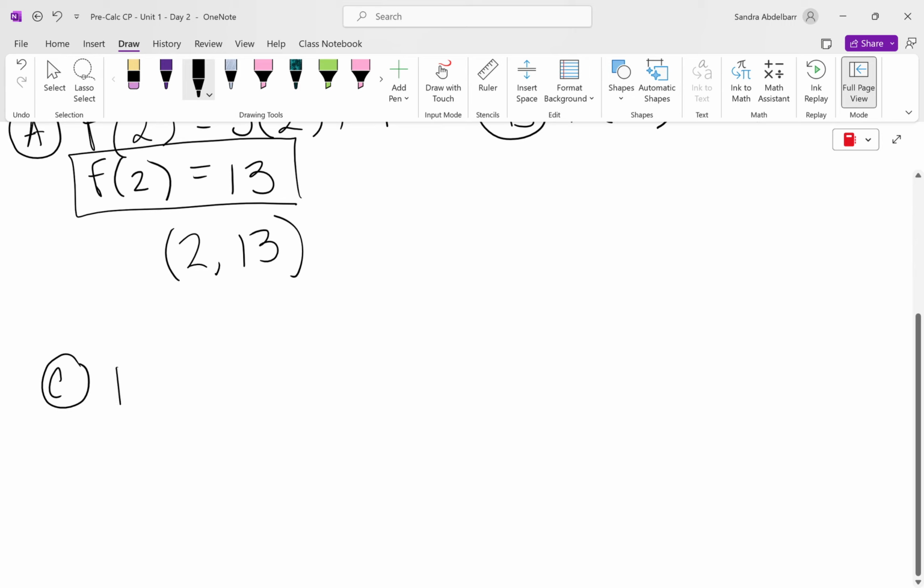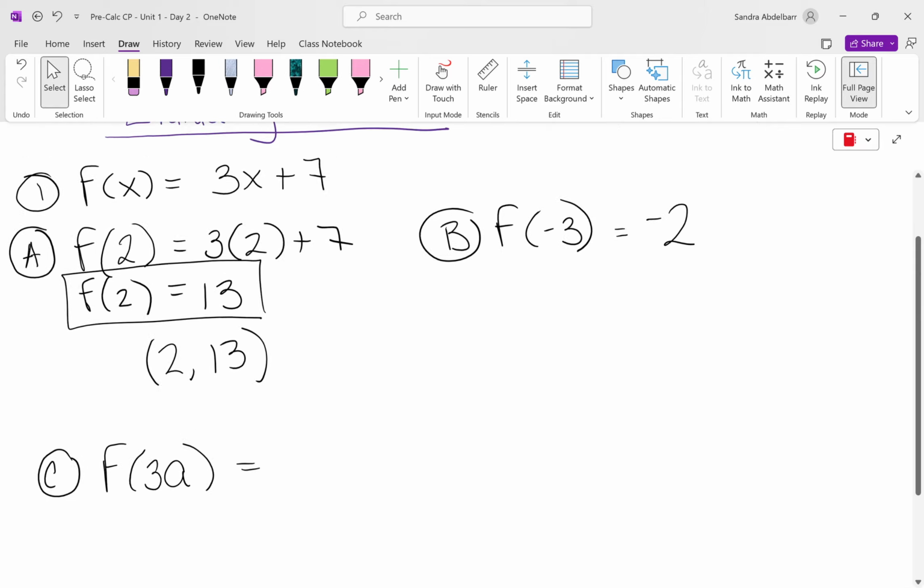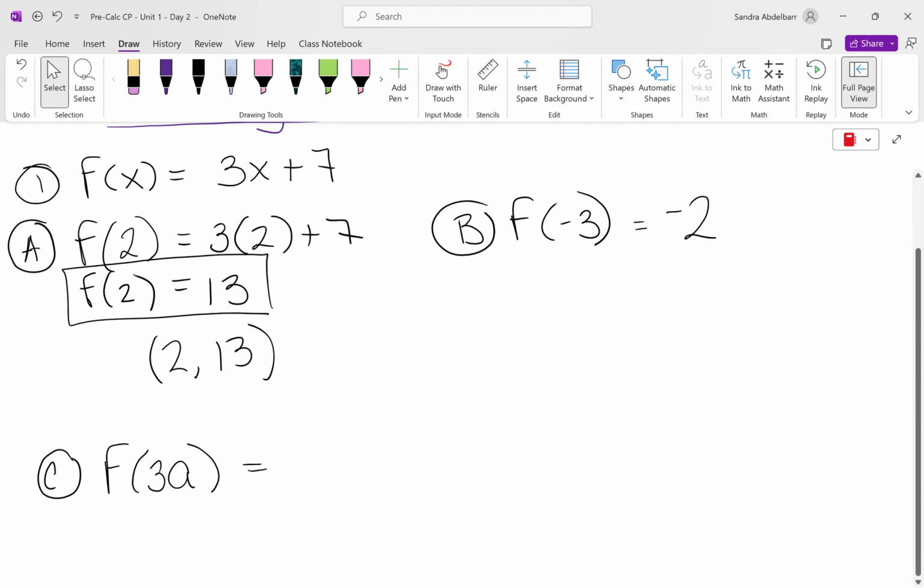Let's say I now have f of 3a. Our function is f of x equals 3x plus 7, and now I want you to find f of 3a. So wherever I see an x, I'm not just plugging in an integer anymore. Now I'm plugging in a variable expression.